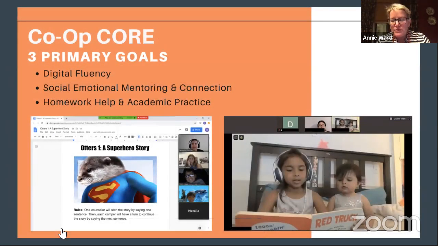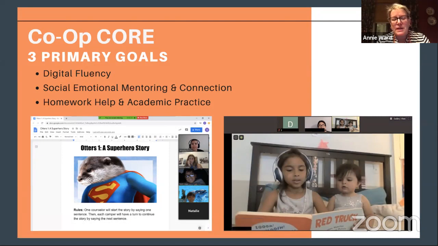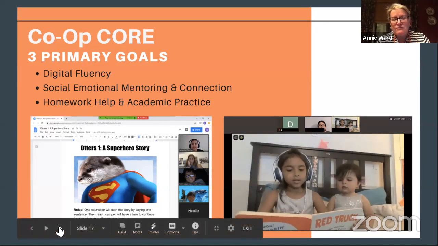There were three overarching goals of the virtual co-op. One being, of course, digital fluency, and you'll hear more about that in a minute, but then also fostering social emotional support and connection, which we know is our number one aim in bringing kids safely back to school in the next couple of weeks. And then finally, homework help and academic practice.